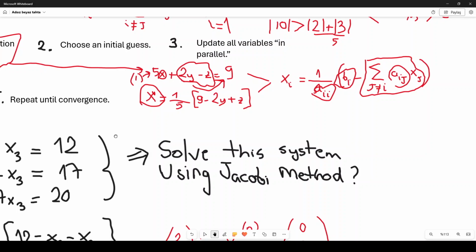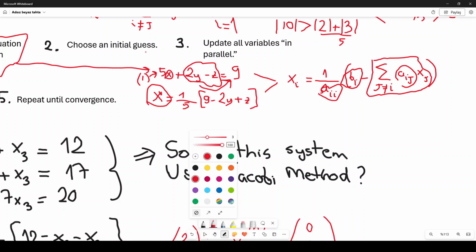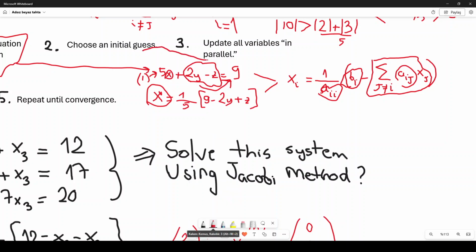But there is one problem here. If we are not given an initial guess, then what are we going to do? If we are given an initial guess, that's simple. Just plug the values in our first iteration and then keep computing the newly obtained values. But if we are not given an initial guess, the simple thing we do is we just take the initial value for each unknown variable equal to 0.